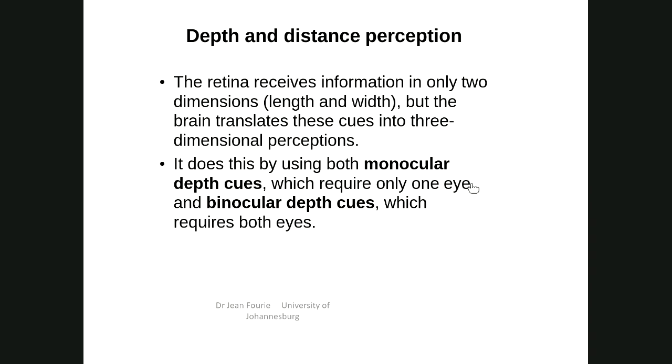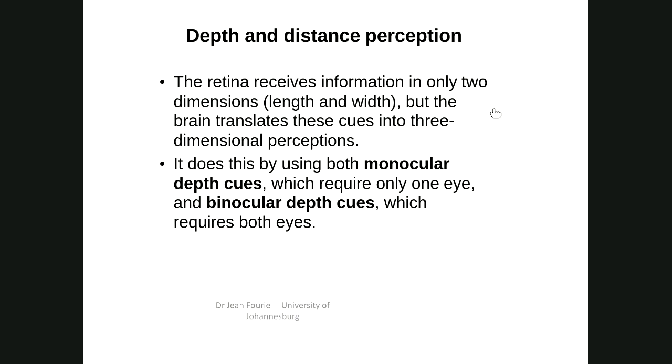So the retina is receiving information in only two dimensions, length and width. The brain uses these cues to determine and to make this three-dimensional world that we actually live in. So your brain is seeing little objects far away as very small, but because they are far away, and it looks at the things around it, and it turns that into an understanding of distance.